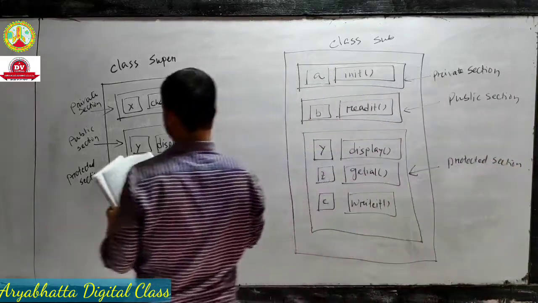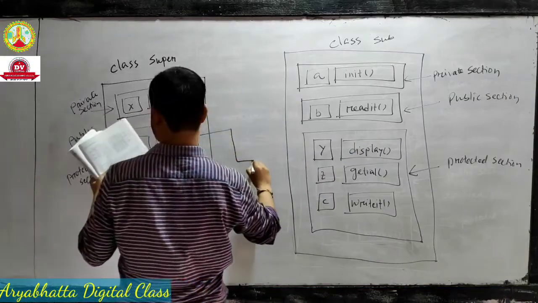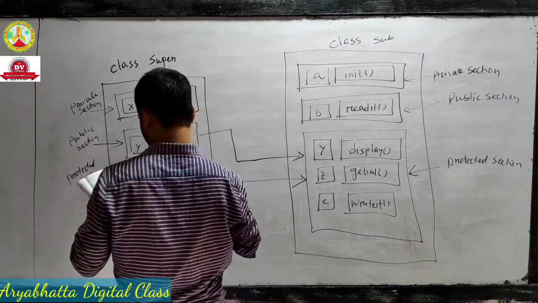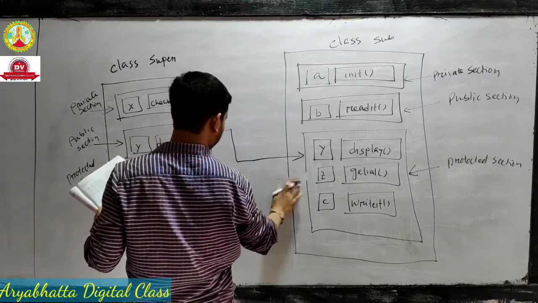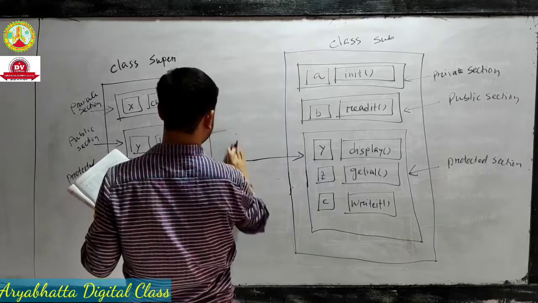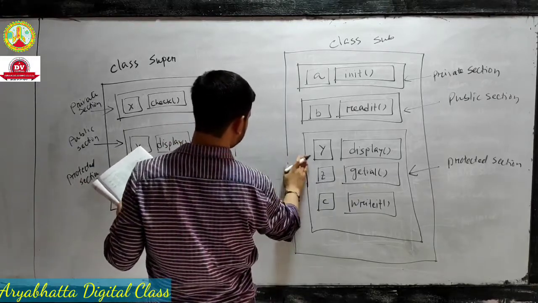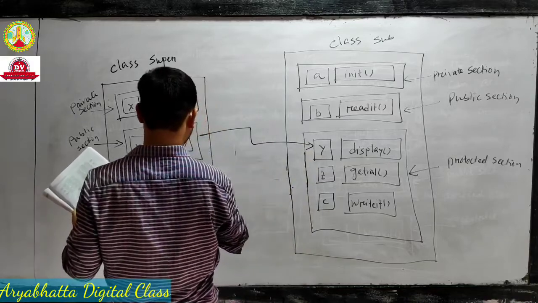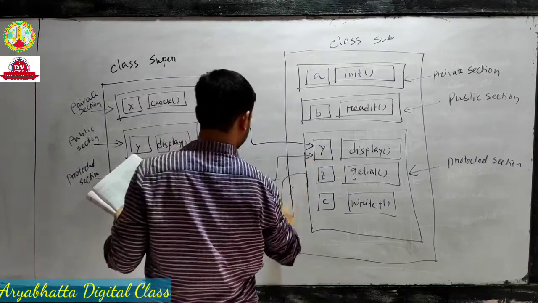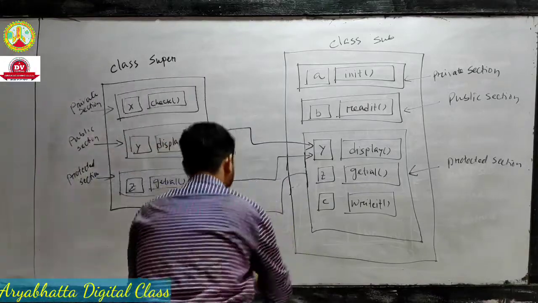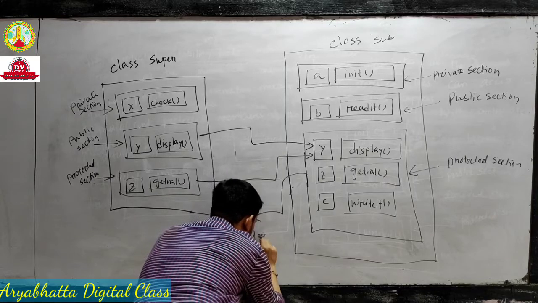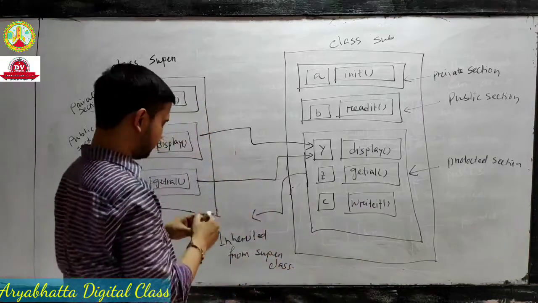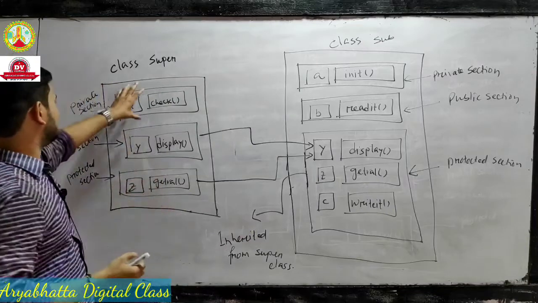You see, now your public section will go to the protected section, and the protected section will also go to the protected section. This is inherited from the base class, meaning the superclass.